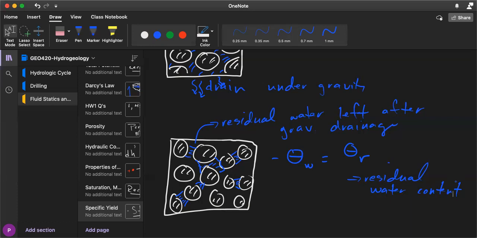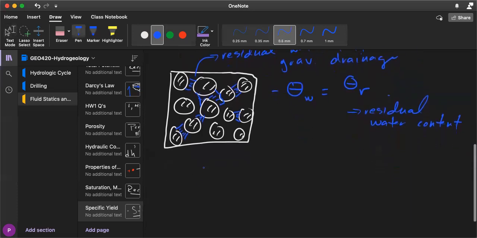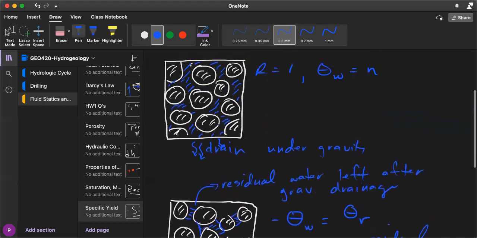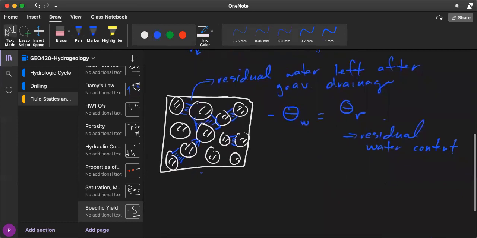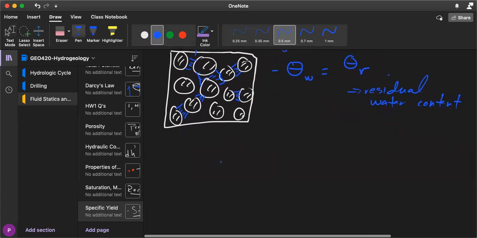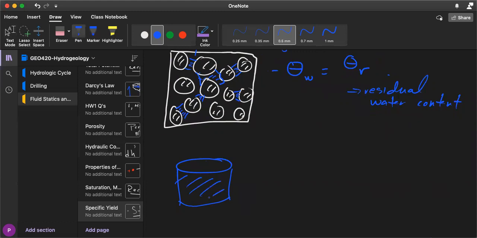Now, what we want to know as groundwater hydrologists is, okay, we went from fully saturated to the residual water content. So we drained this porous media as much as we're going to be able to drain it. And what we want to know is, how many beers does that equal? Right? That's what matters to us.